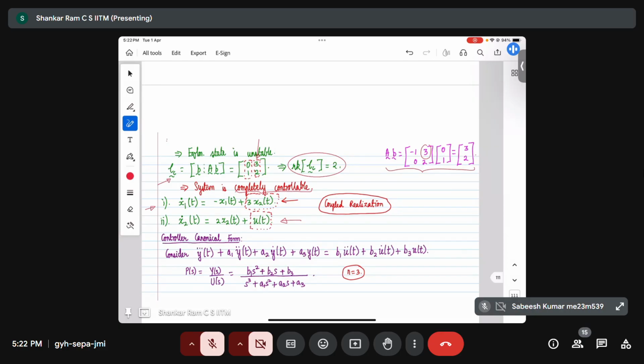And now we can see that this is a coupled realization. So what you and I have figured out is that both states are controllable, because the controllability matrix is full rank. So the system is completely controllable. When we say completely controllable, all the system states can be controlled using a well-designed control input.